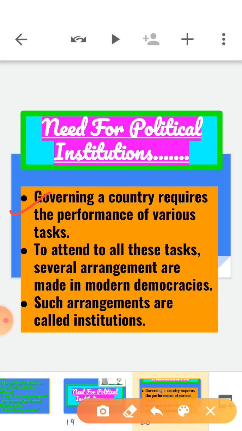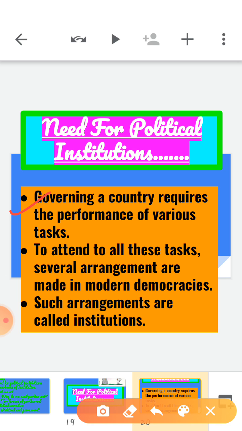The government is also responsible for collecting taxes and spending the money thus raised on administration, defense and development programs. It also formulates and implements several welfare schemes.